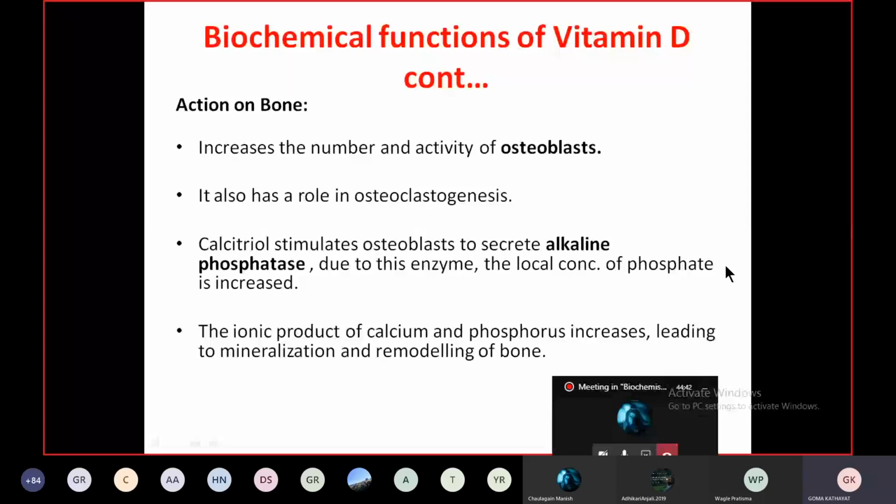Now, vitamin D is a hormone. Then why is vitamin D considered a hormone? Do you have any idea why vitamin D is considered as a hormone?